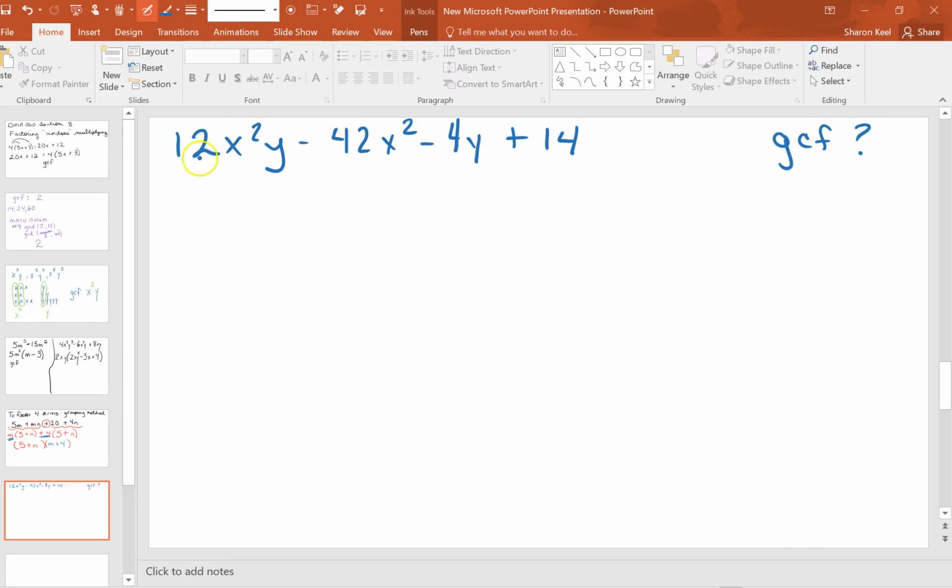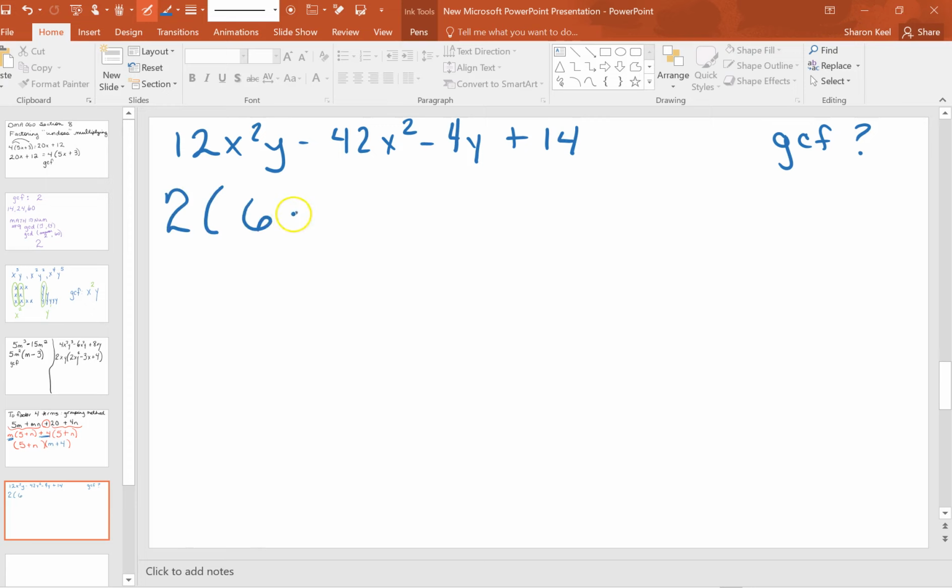And we have a 12, a 42, a 4, and a 14. They are all even numbers, so I know 2 is going to go into all the numbers. 4 will go into 12, but it's not going to go into 14 because that only has a 2 times 7. So our GCF is going to be the even number 2.